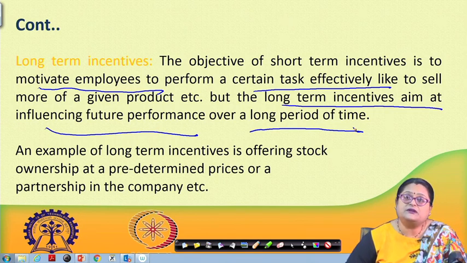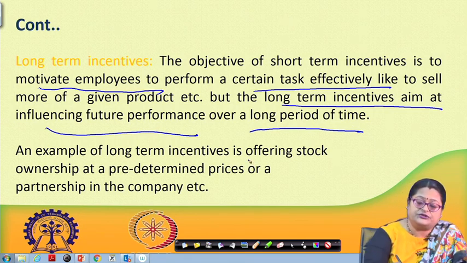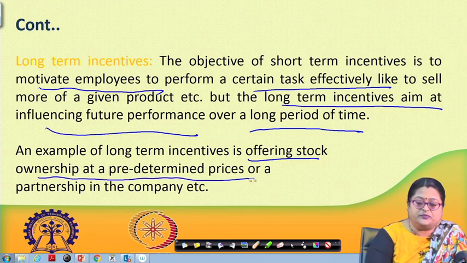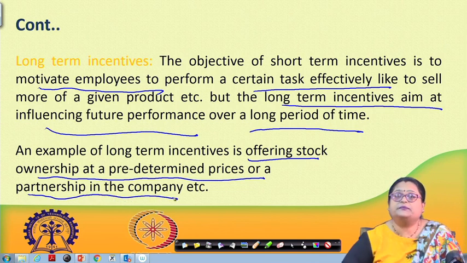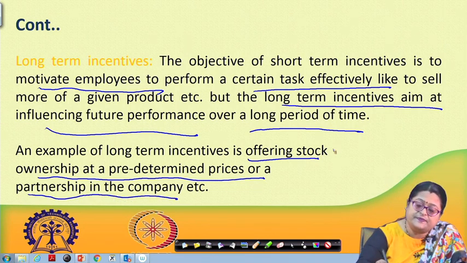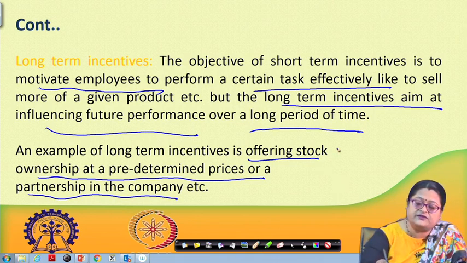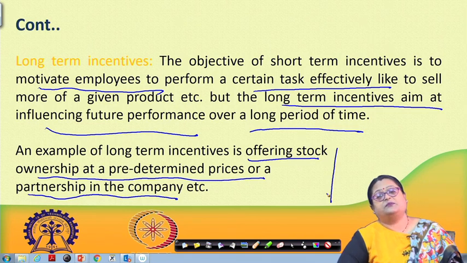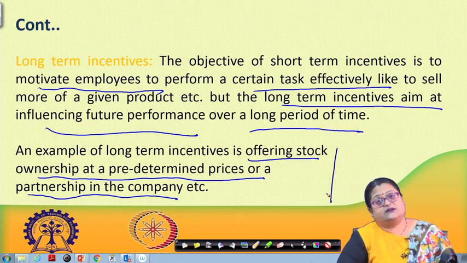An example is offering stock ownership at predetermined prices or a partnership in the company. Here you see the focus of the long term incentive is trying to recognize employees as the owners of the company also.